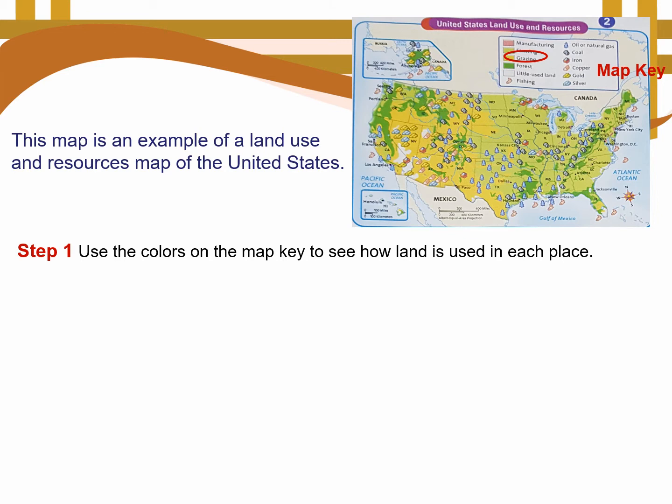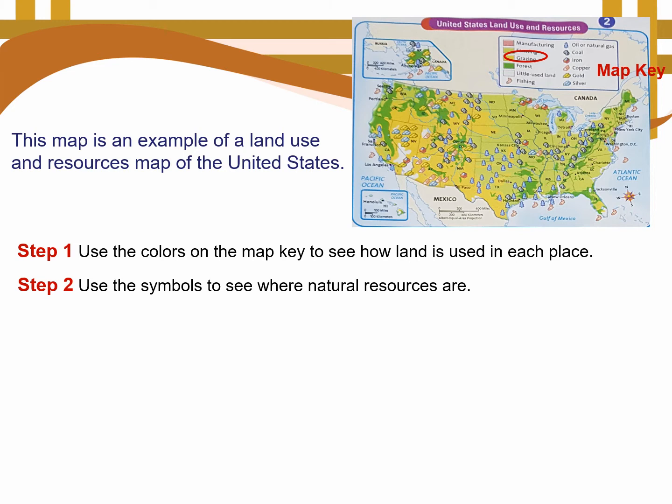For the land use, you can see different colors: pink for manufacturing, yellow-green for farming, yellow for grazing, and by the way, grazing is another way to describe ranching, green for forest, and white for little used land.